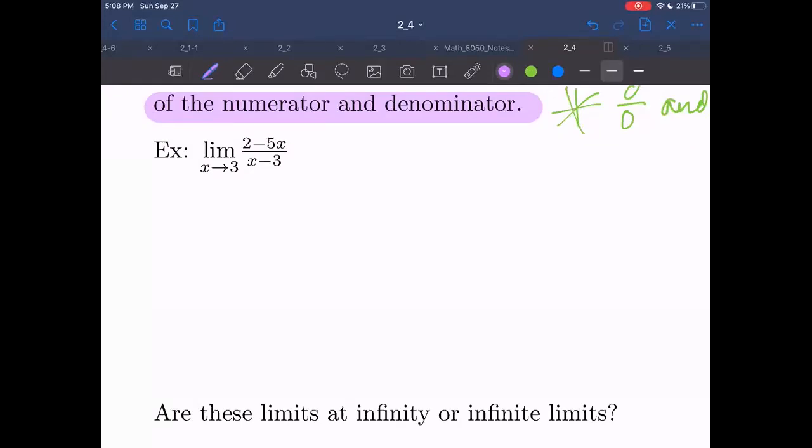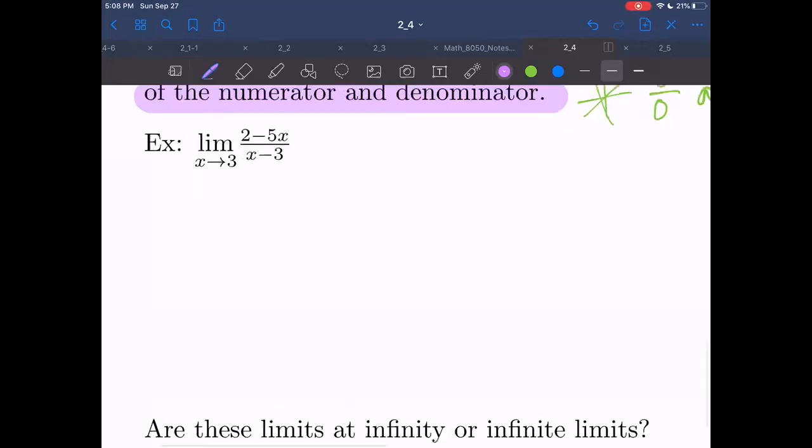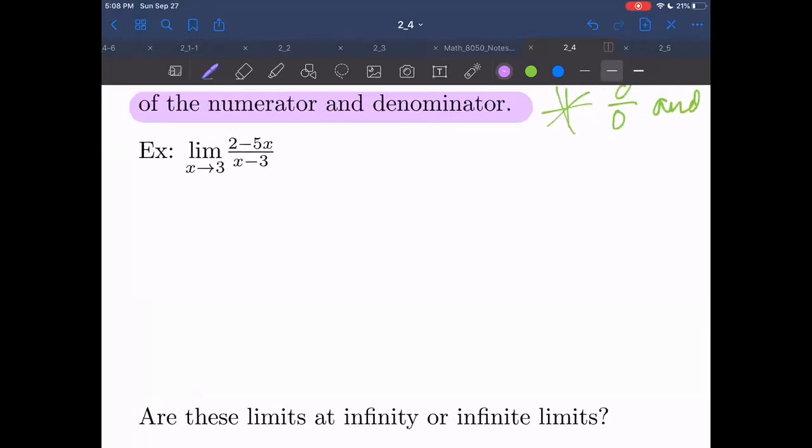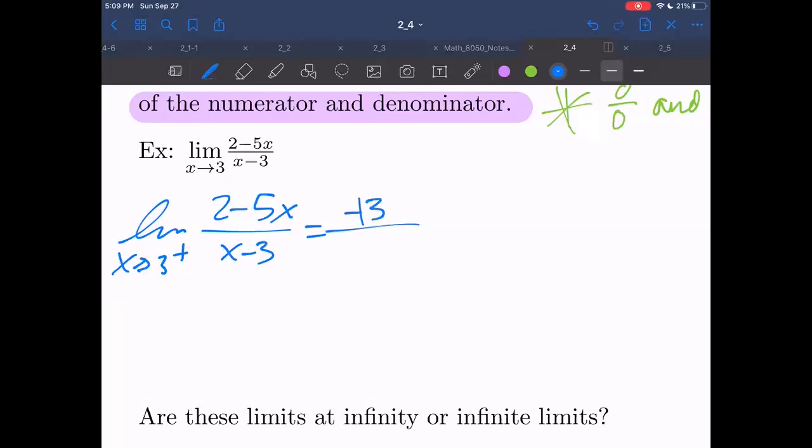Okay, so let's do an example. We've got the limit as x approaches 3, so we'll do the left and the right-handed limit. Let's do the right first. When you're doing these, you'll always be able to plug in the numerator. So we'll plug in 3 and we get negative 13.